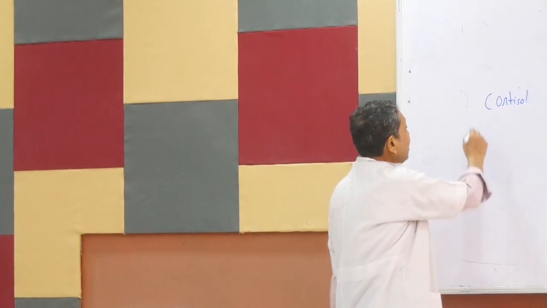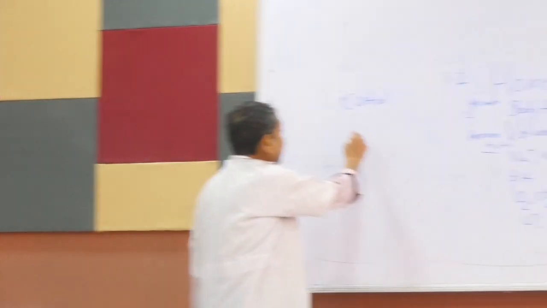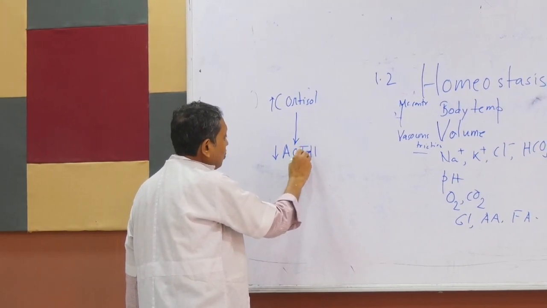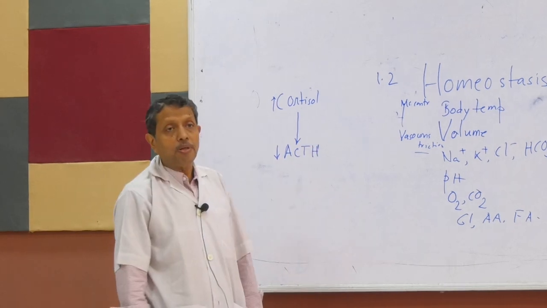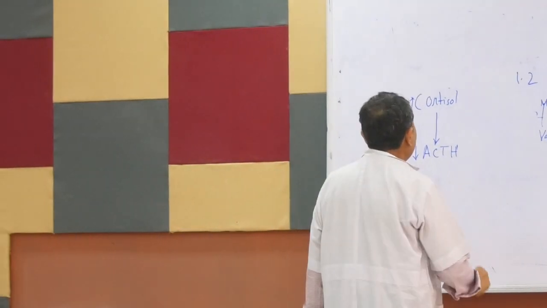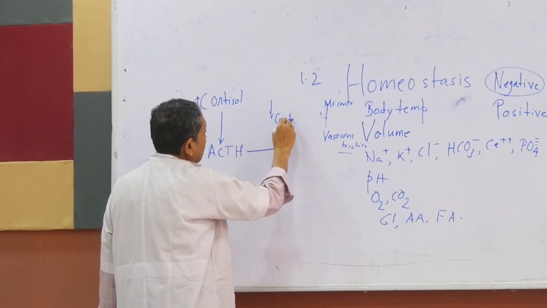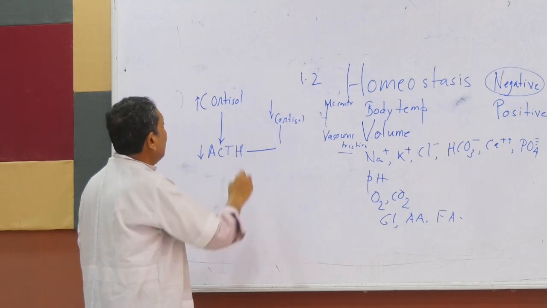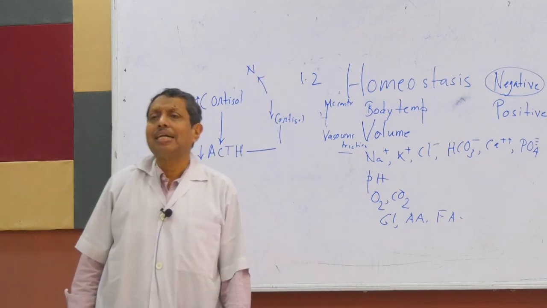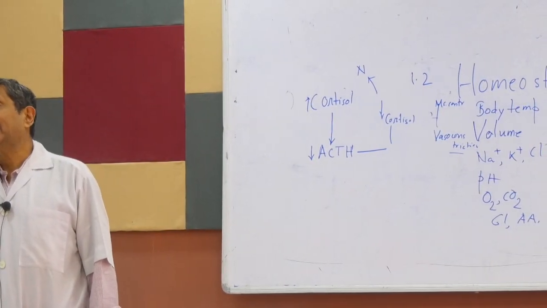Whenever there is an increase, then from the anterior pituitary a lesser amount of ACTH, adrenocorticotropic hormone, is secreted, and it leads ultimately to a fall in the cortisol level. That is, the normal value is regained. These are numerous examples of negative feedback mechanism.